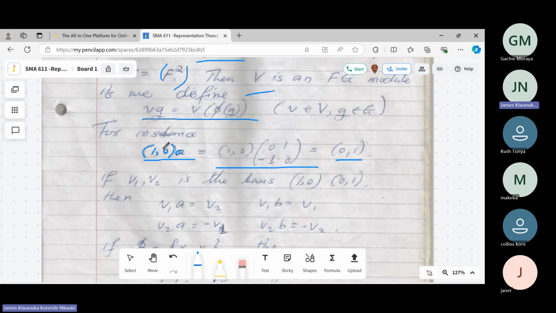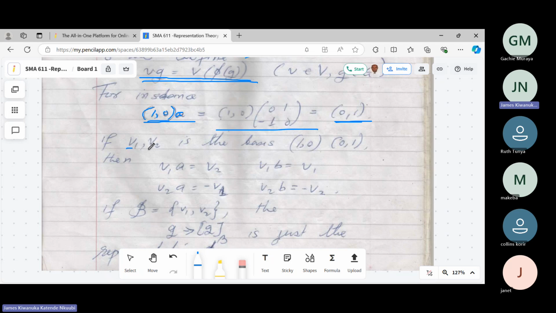So under this multiplication, (1, 0) will be sent to (0, 1). Okay.